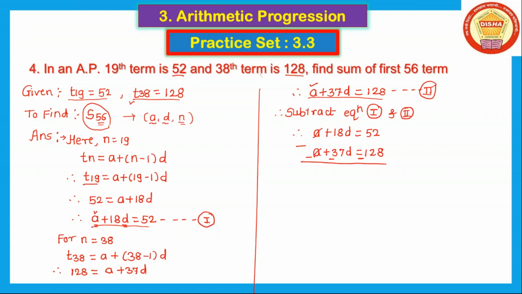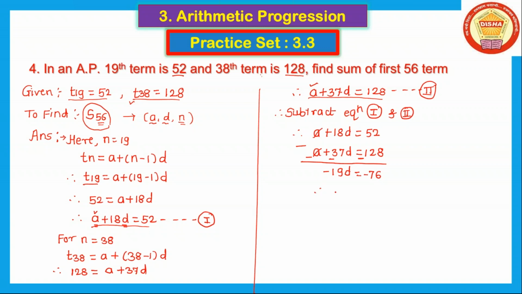Then plus A minus A cancel. 18D minus 37D, we have to do the subtraction here, which is equal to 19D. We give the sign of the bigger number, that is negative. Again here we subtract both constant terms, that is 52 minus 128. This is again 76 and the sign of the bigger number is negative.